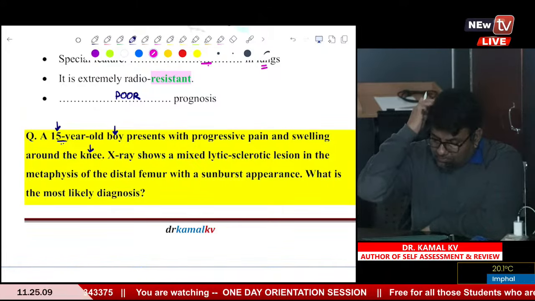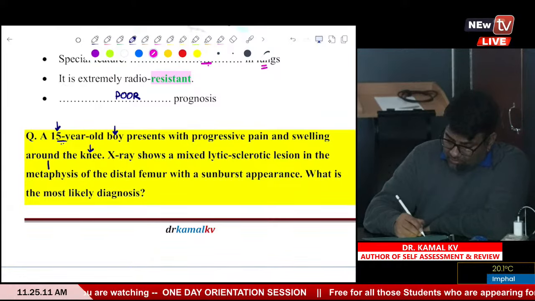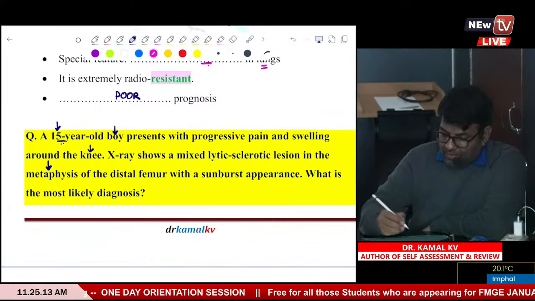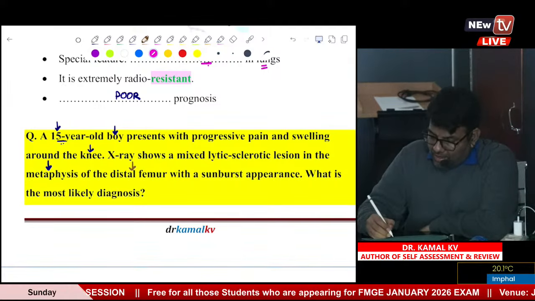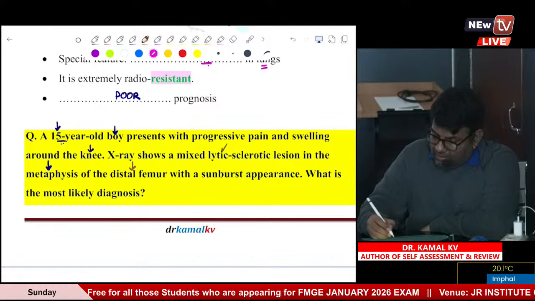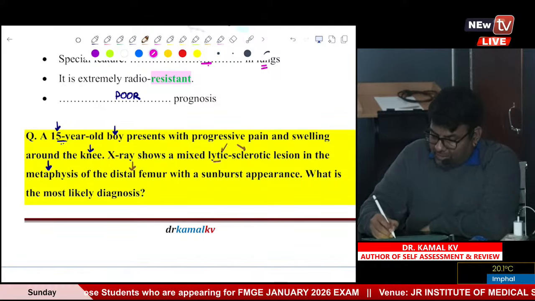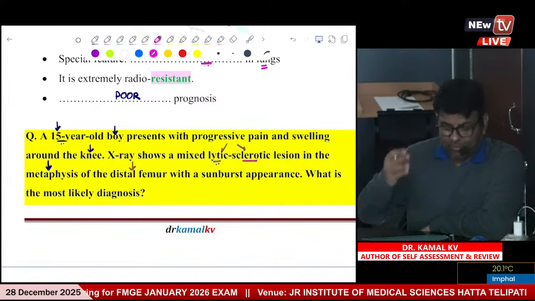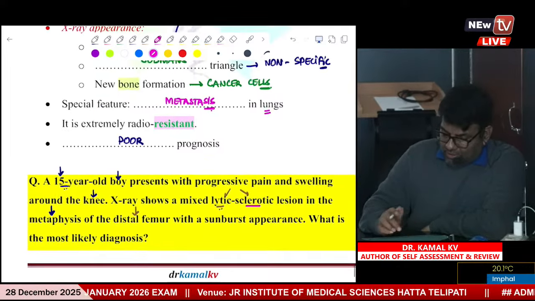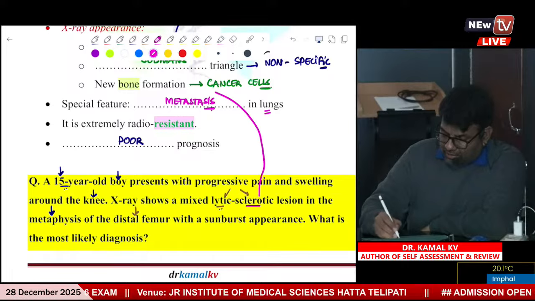Then third is location in the bone, metaphysis here, and distal femur. And then there is lytic or sclerotic. Lytic means the bone is damaged. Sclerotic means new bone is formed. And this word is very important here, sclerotic.